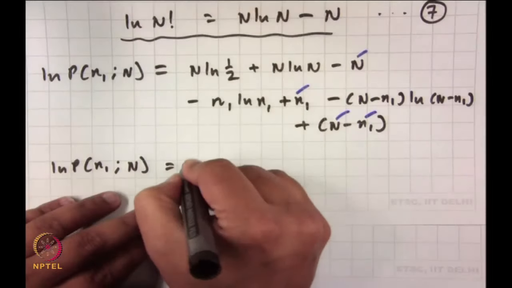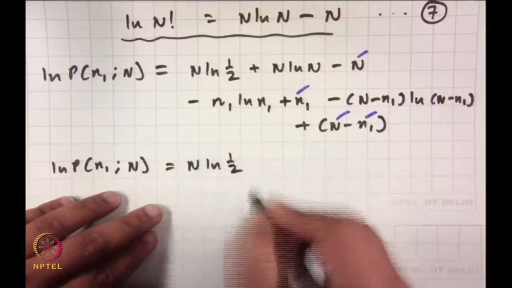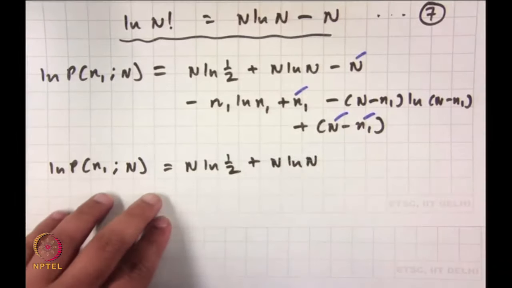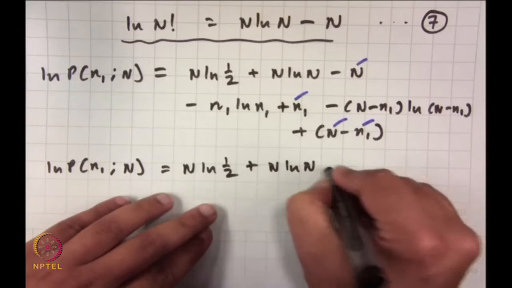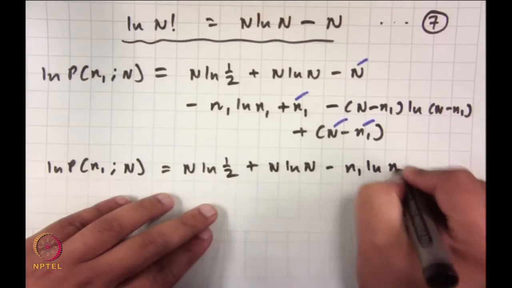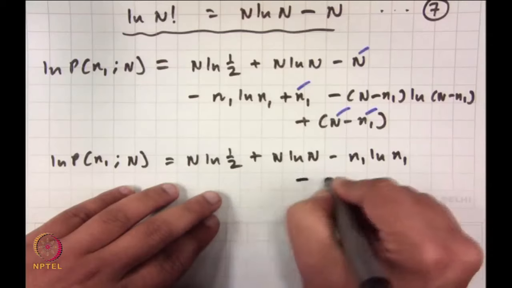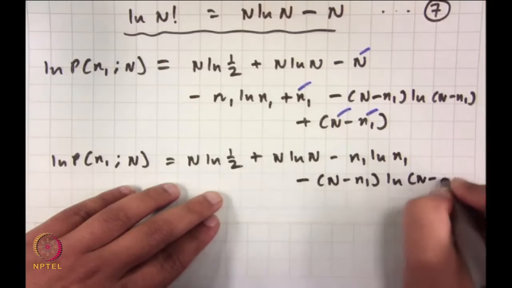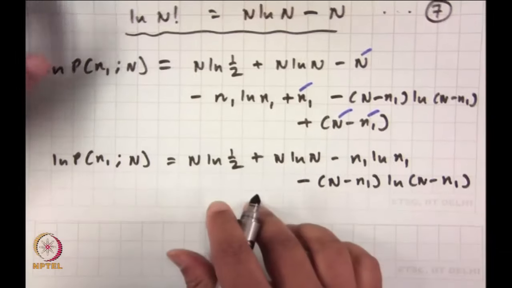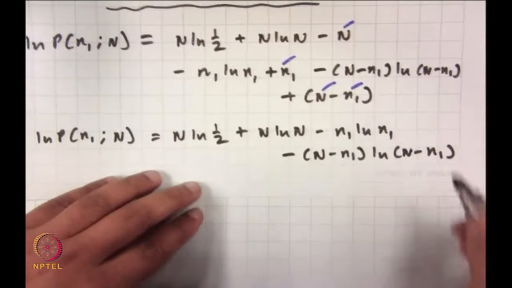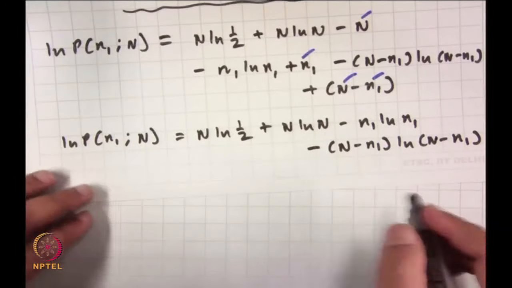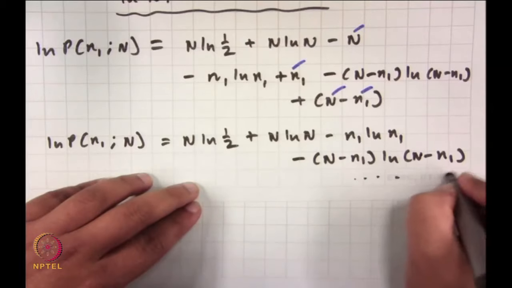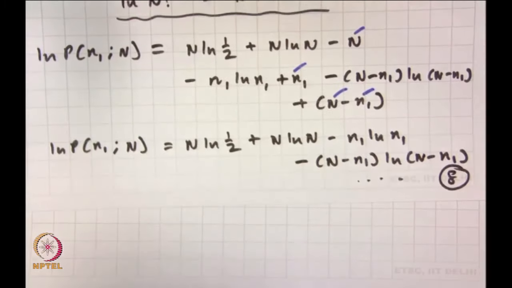I have this equal to N ln half plus N ln N, where N is capital, minus n1 ln n1 minus (N minus n1) ln (N minus n1), and this would be say equation number 8. I am just running out of space, but anyway I will write it, equation number 8.